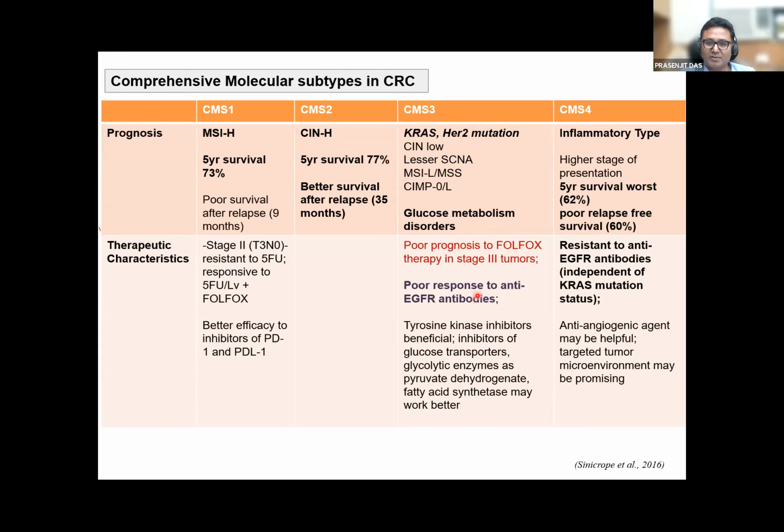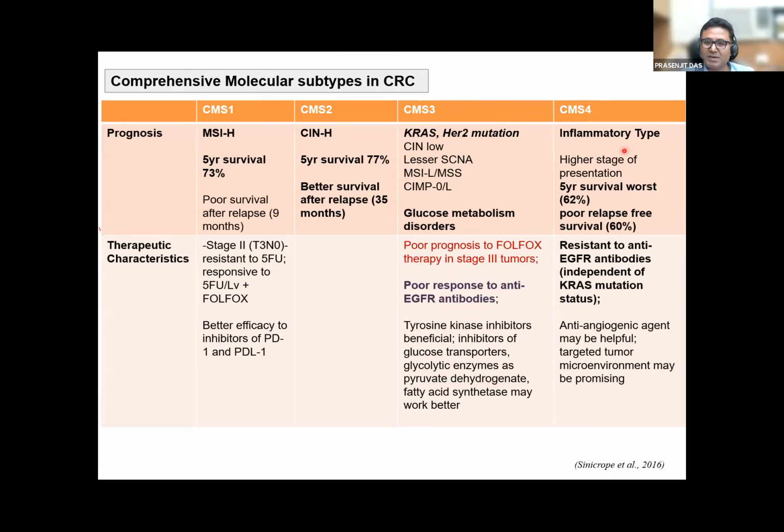You also have to remember that CMS type 3 tumors show somewhat poor response to anti-EGFR therapy, and alternative therapies can be considered, like inhibitors of glucose transporter or various glycolytic enzymes like pyruvate dehydrogenase, or tyrosine kinase inhibitors may be tried.